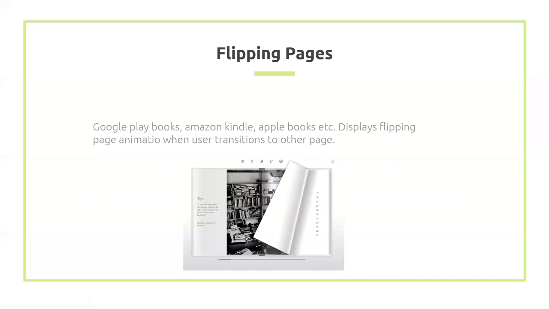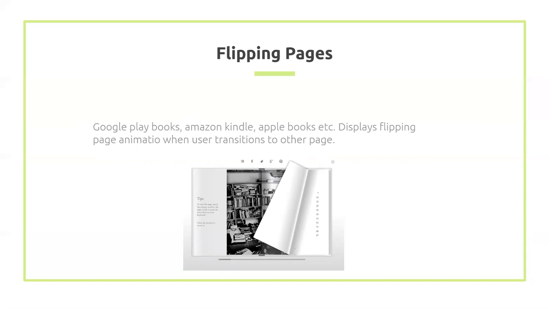This is another example, like digital readers such as Google Play Books, Amazon Kindle, Apple Books, and so on. They usually have page animation when people transition to another page. They make it look like it's really flipping. They don't really have to do that, right? But it looks nicer because, again, people are usually more familiar with these activities.